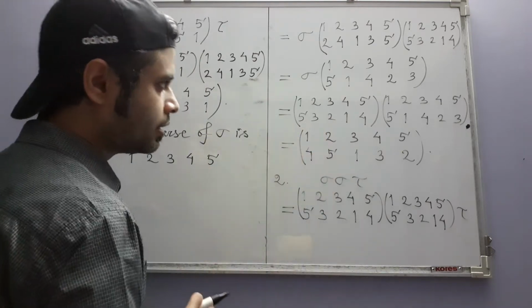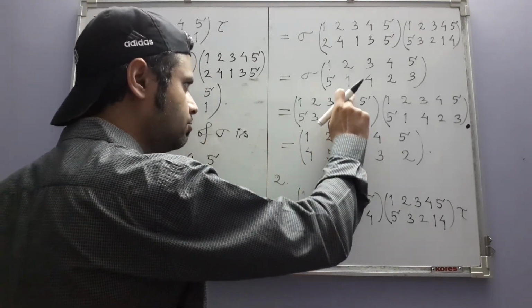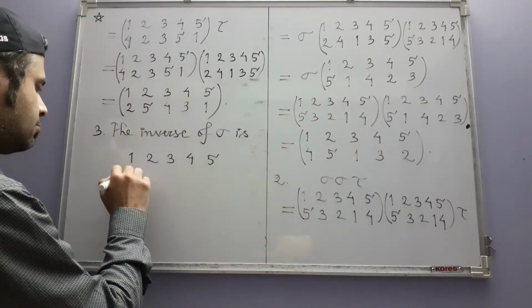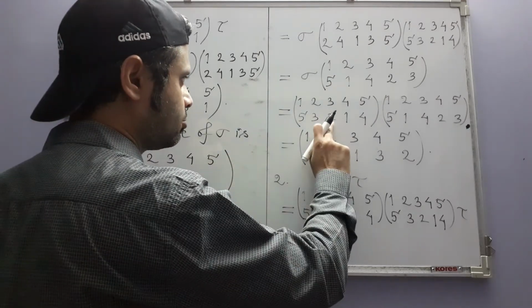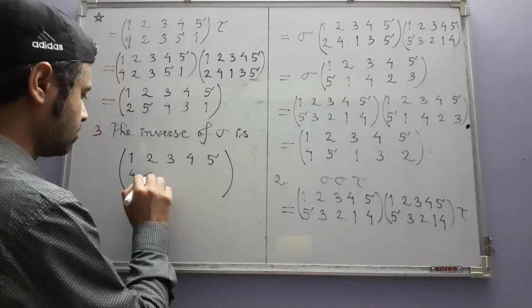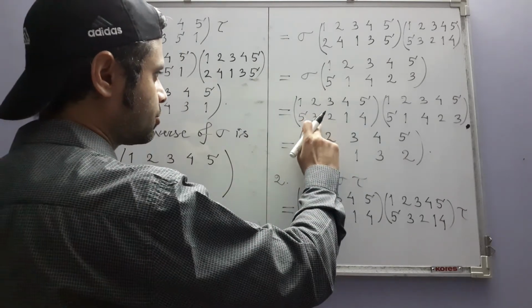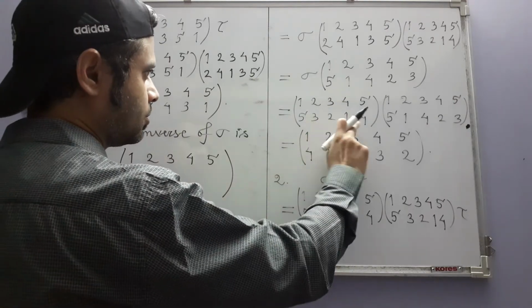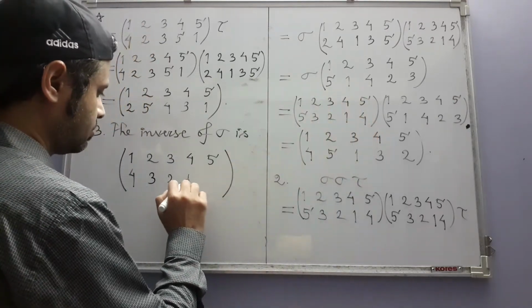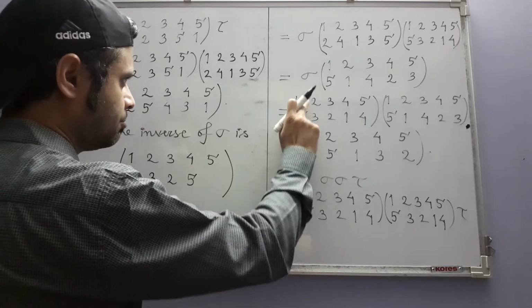So sigma inverse would take 1 to 4, 2 to 3, 3 to 2, 4 to 5, and 5 to 1.